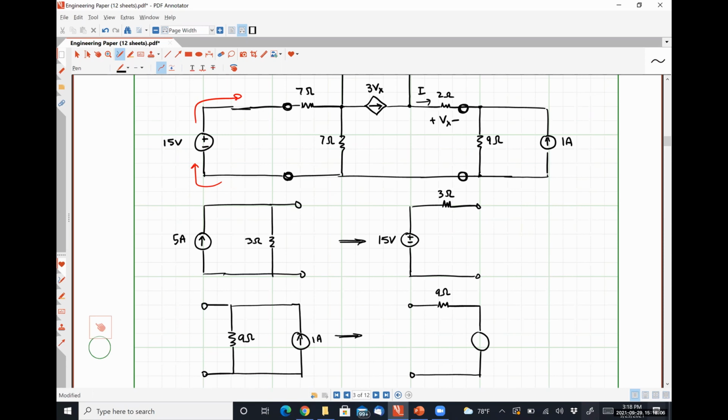What I'm trying to get at is that as long as the elements you're putting back into the circuit are connected correctly, if you're putting a practical voltage source in, you can put the resistor next to the other resistor to make those combinations easier and more obvious to see. Would it be wrong to put it on the other side?